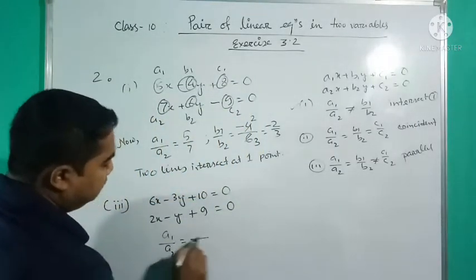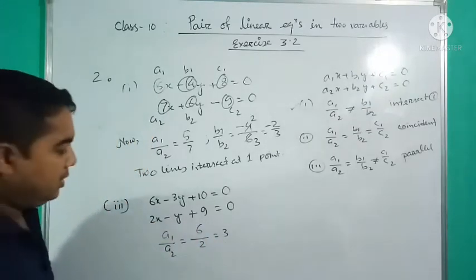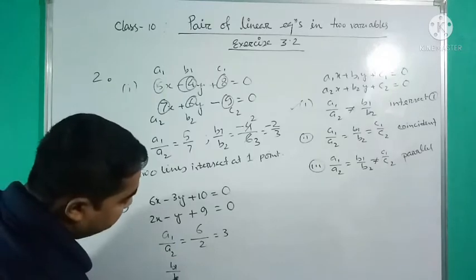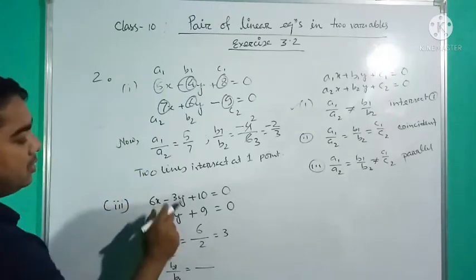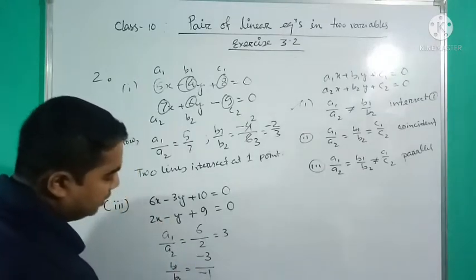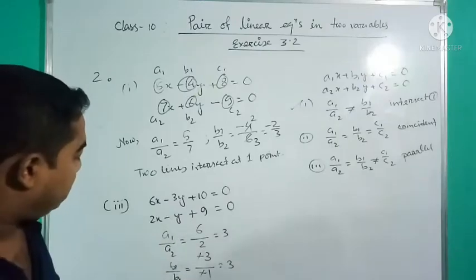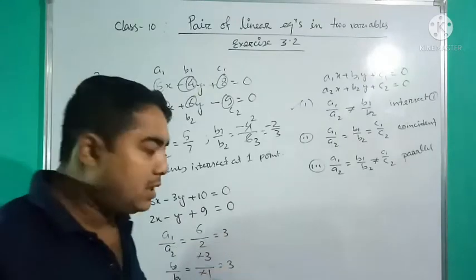At first find out their values. a1 by a2 is 6 by 2, equal to 3. Next, b1 by b2: b1 value is minus 3, b2 value is minus 1, cancel, then the answer is 3. We got a1 by a2 and b1 by b2 both values equal.